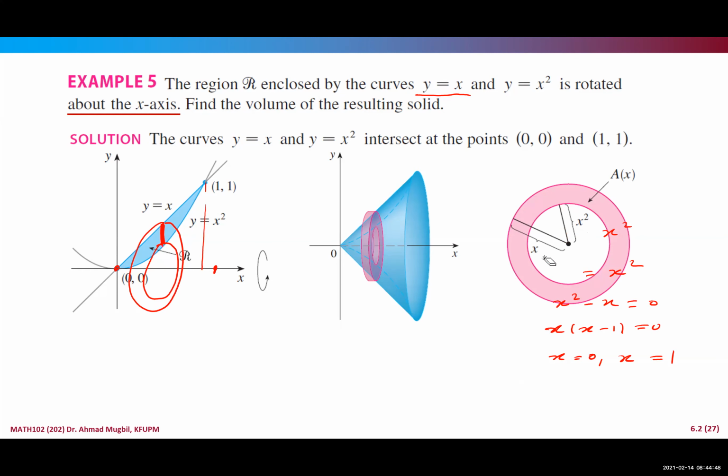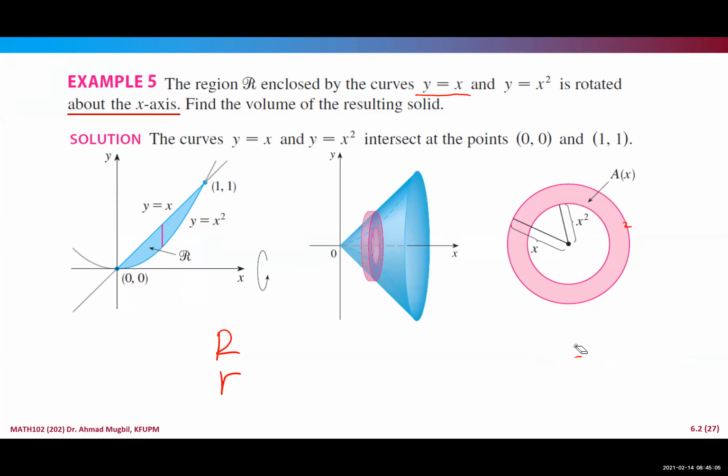Now focus here. I will teach you a very interesting trick, how to find R capital and R small, how to find the outer radius and the inner radius. How to do that? Draw a line from the upper curve to the lower curve. Is that clear? Easy. Now find the distance from the lower point to the axis of rotation.